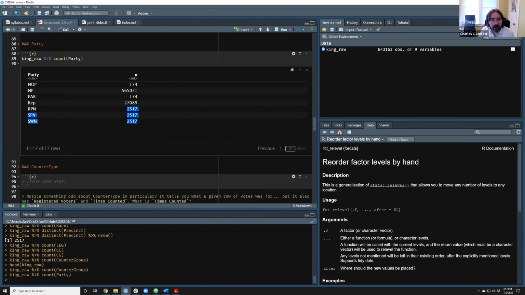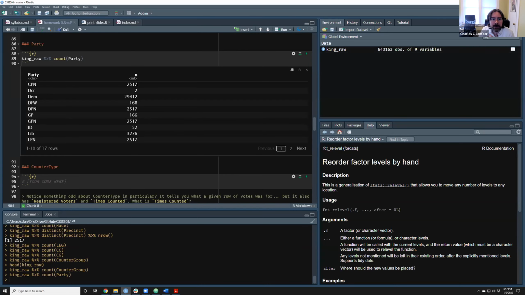But notice you have a lot that have 2,517. This is one of those things that it's important to, when you're working with a new data set you've never encountered, if you start seeing numbers that rhyme all the time, you keep coming across the exact same number, pay attention to it because there's usually some systematic reason for that.